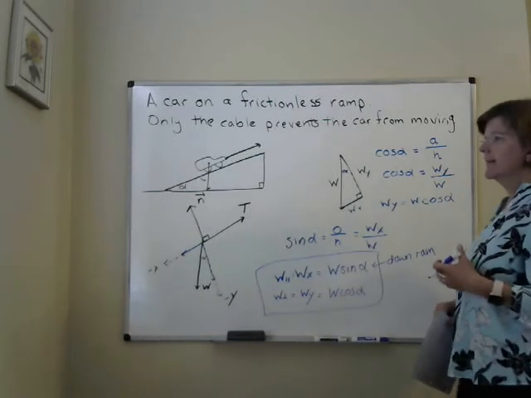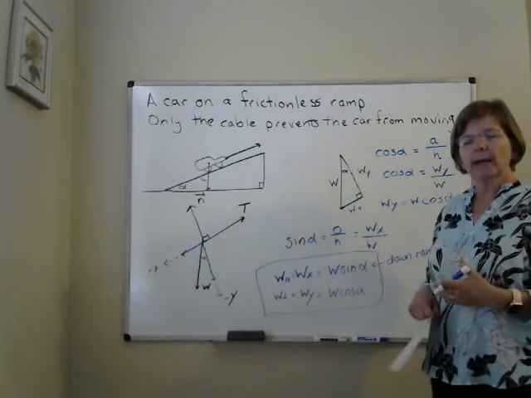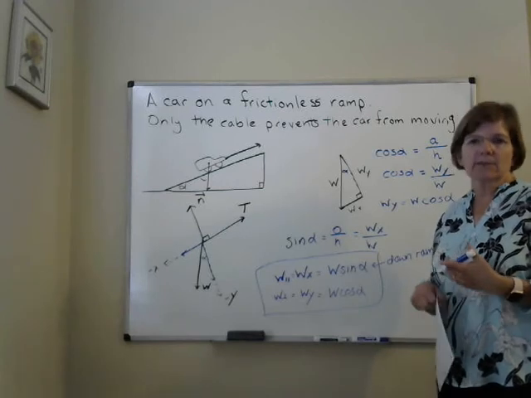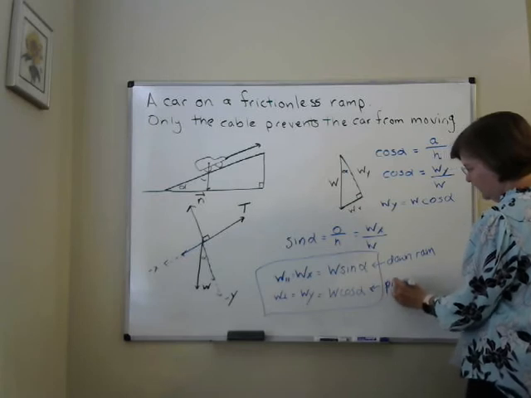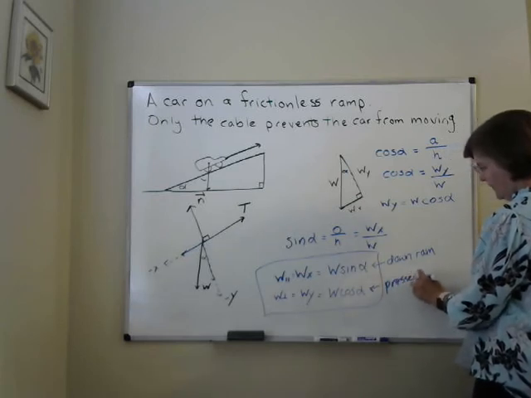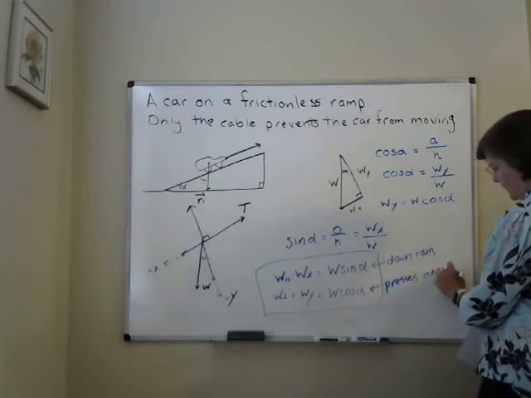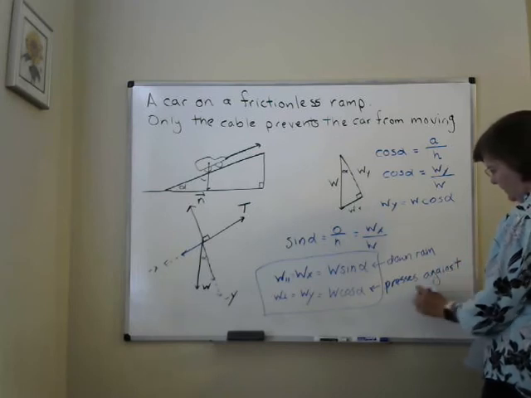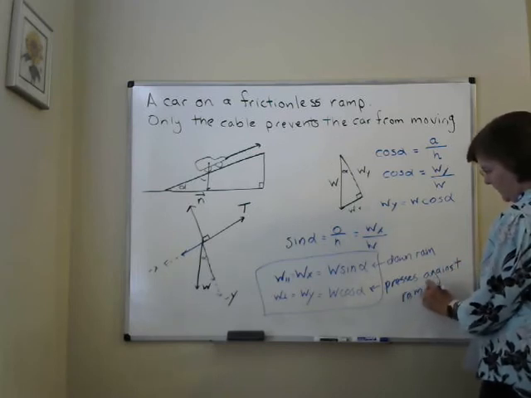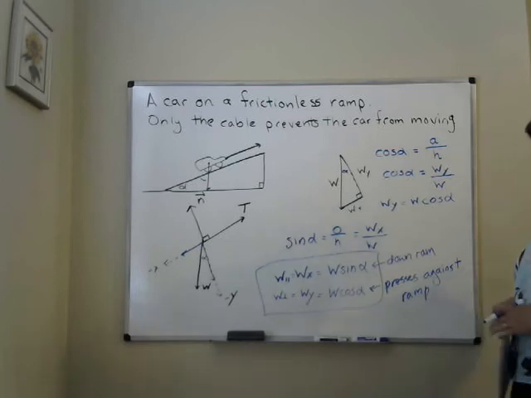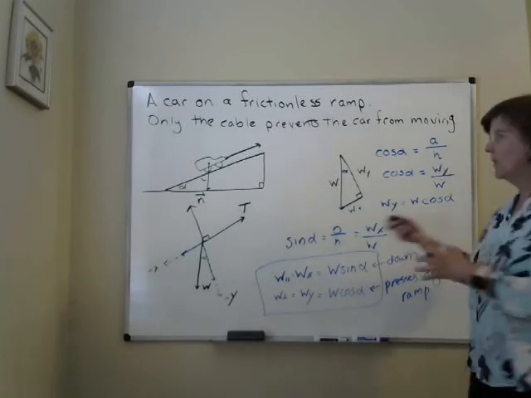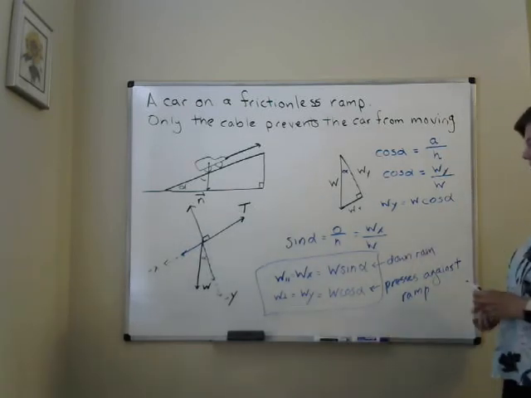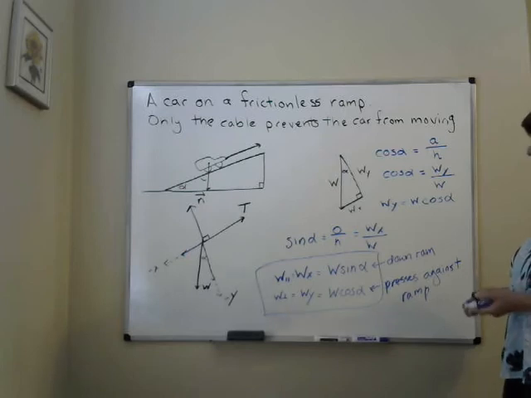The part of the weight that's perpendicular to the ramp is what presses against the ramp. This presses against the ramp. So that's going to be really important for any problem we do on an inclined plane. So we've taken a whole big part of this problem just to figure out what do I do with the weight.